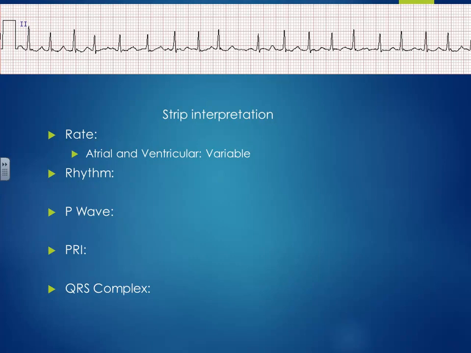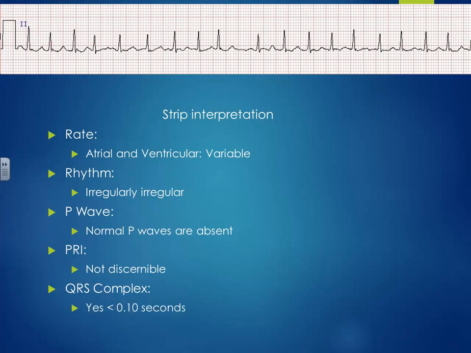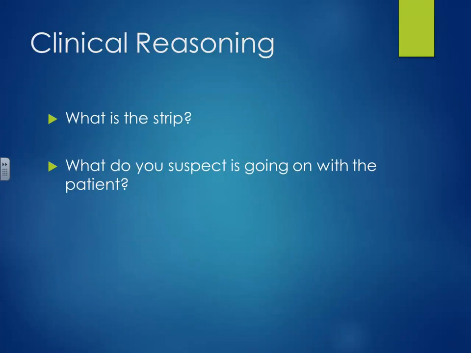As you will see with any irregular rhythm. All right, P wave. Can you see one? Normal or absent. There's some that are kind of fibrillating, so obviously you can't really get a PRI. QRS. Yeah, it's pretty regular. So what's the strip?